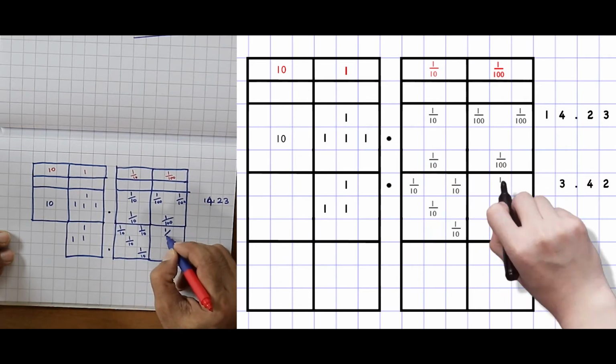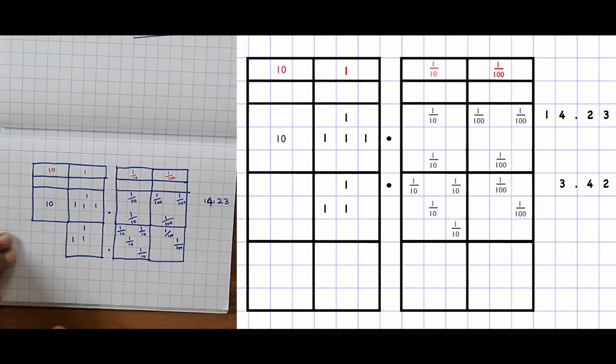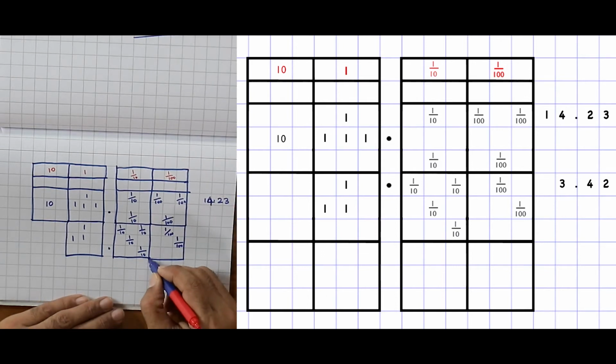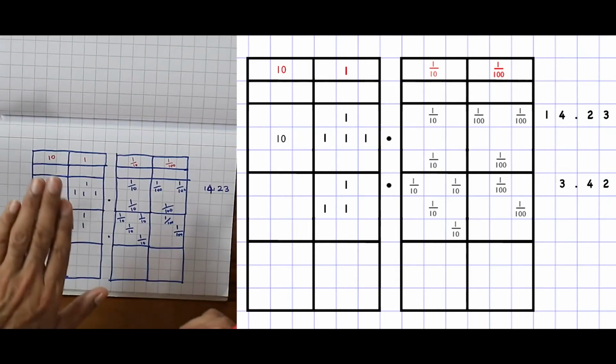And there are 2 in the 1/100ths. So 2 rooms are filled. Now I have to add them up. We understand addition. So we have to join each position.